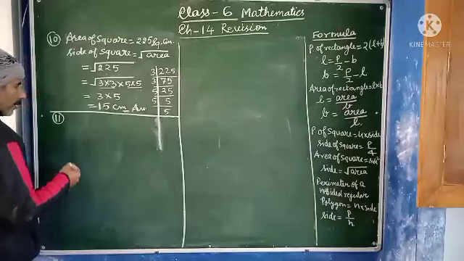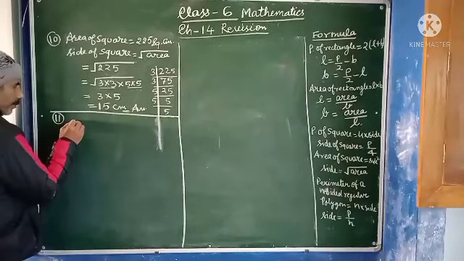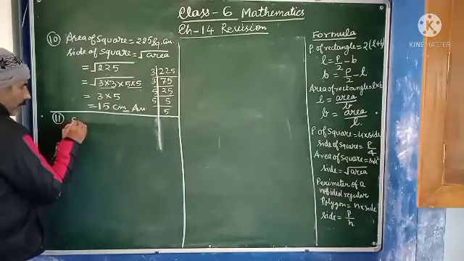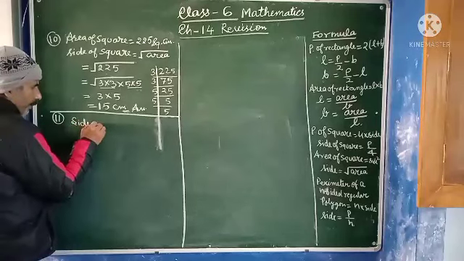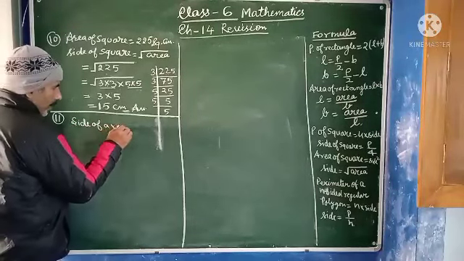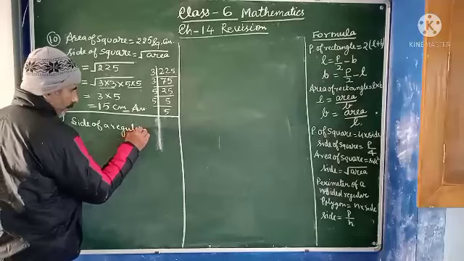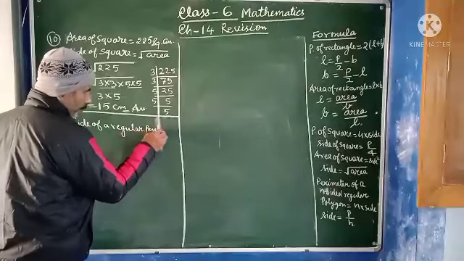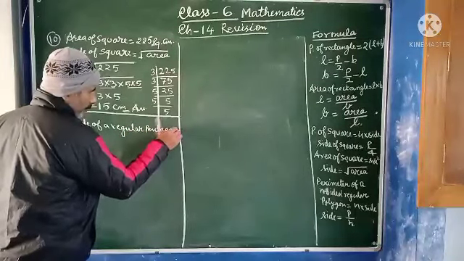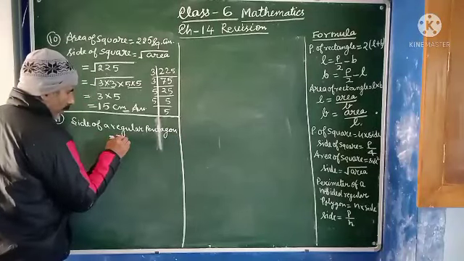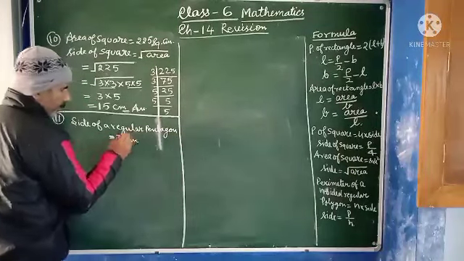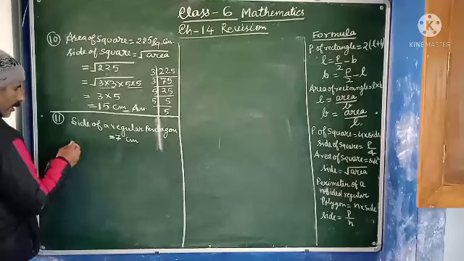So first we take the pentagon. Side of a regular pentagon is given as 7 centimeter. We want to find its perimeter.